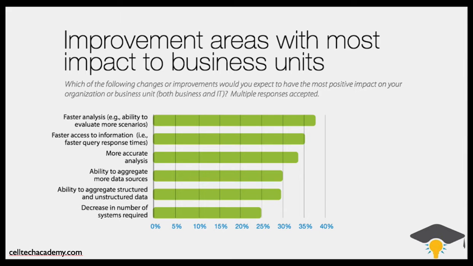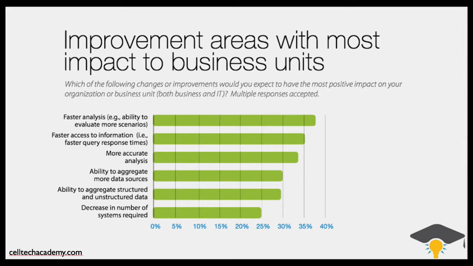Ability to aggregate structured and unstructured data, meaning structured is your regular transaction data, and unstructured would be social media. Basically, while selling your product, you want to figure out from social media whether it's been properly accepted by the public.